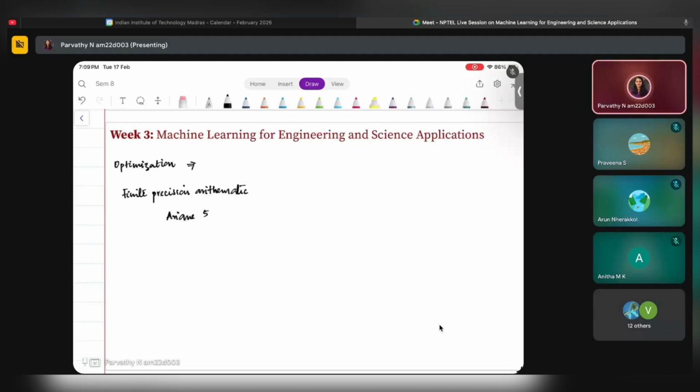This example was told because when we do things in a computer, we should keep in mind that such overflow or underflow can occur. Especially when we deal with a large amount of data, all these things matter.